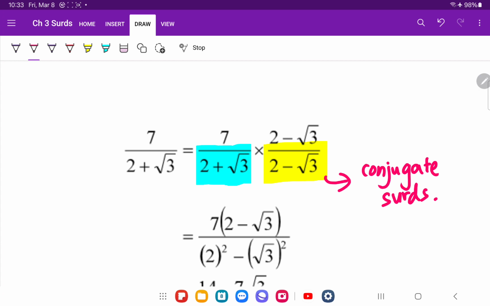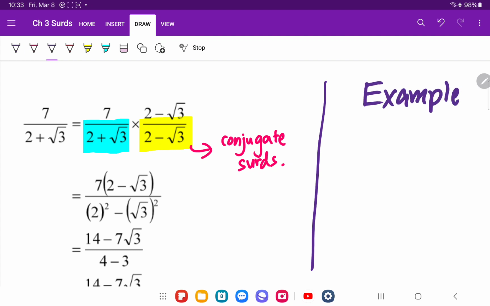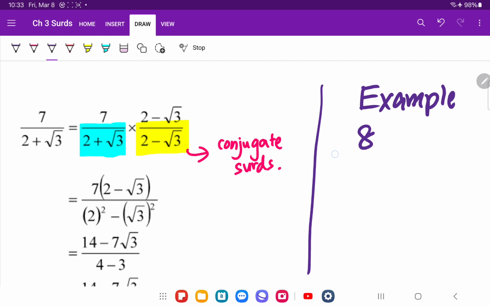Let's check on the other side. For example, later on, if I were to give you a question that has a fraction 8 over 3 minus square root 5, and I tell you, okay, people, go and multiply a 1 whole. Tell me what to put on the numerator and denominator.